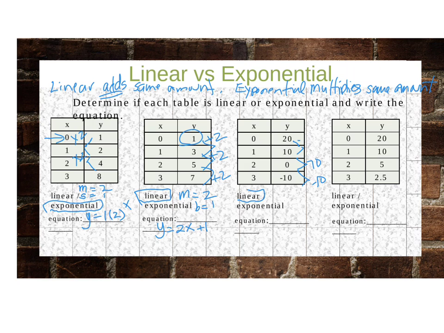So that makes it linear. M equals negative 10. B is whatever y is when x equals 0. So B is 20.